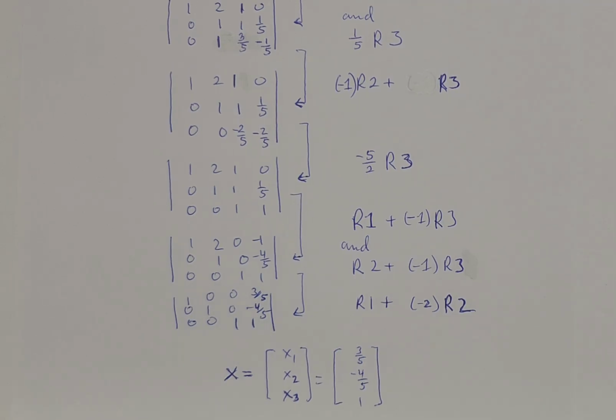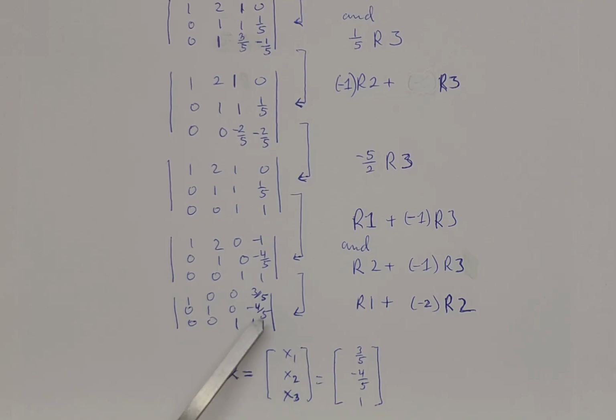Okay, so now we are completely done because this right here is 0, and this right here is also 0. All I have left is 1, 1, 1. And we are done. So again, 3/5, negative 4/5, and then 1. So our solution, if you write it like this, x is equal to variable 1, variable 2, variable 3.